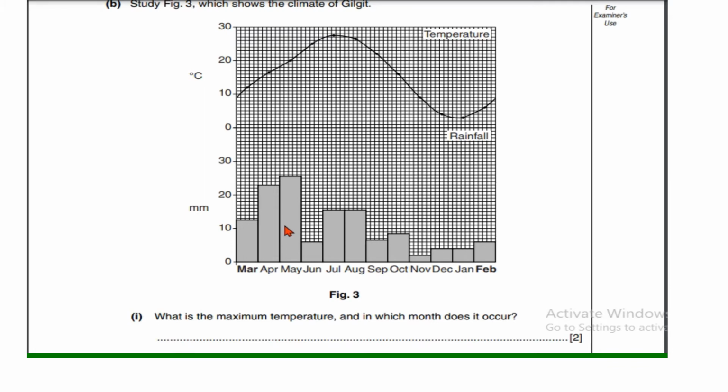In the same way, you're going to compare what patterns do you see generally, if the temperature is increasing or decreasing, or if there is higher amount of rainfall in one group of months than the other group of months. If there is any similarity, then you should also consider the similarity here.